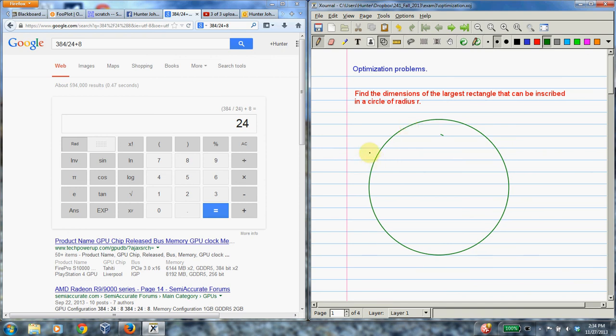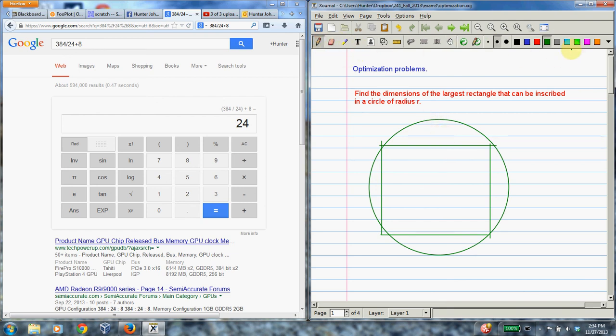Okay, and so there's a circle, and we want the largest rectangle that can be inscribed in a circle. So largest means largest area.